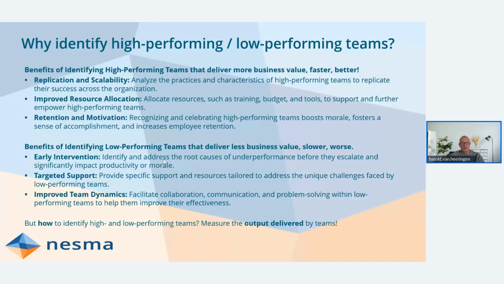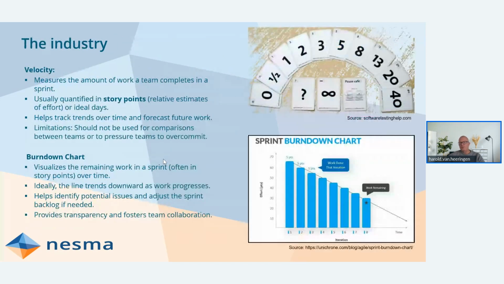But how can you identify these high and low performing teams? Okay, so there we come in again, output delivered. Unfortunately, as many of you know, well, not unfortunately, the industry works with story points. Many teams use story points, and this is a subjective and relative effort estimation method.